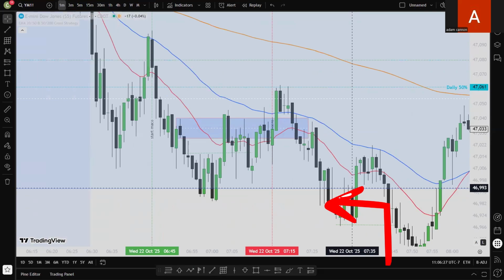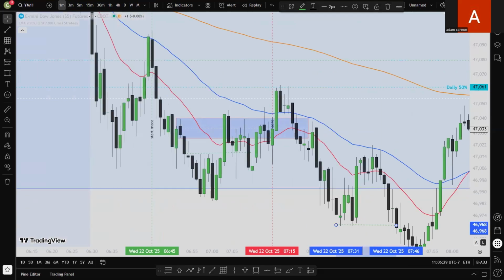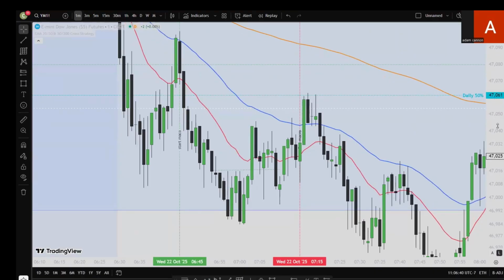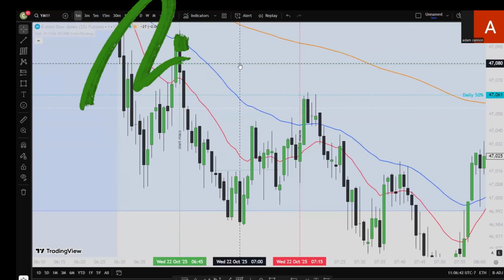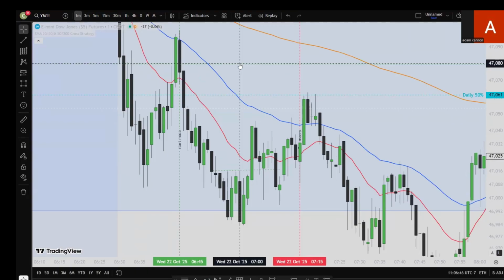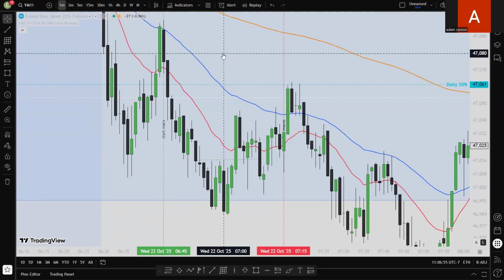Another thing besides your bias that I want to bring up, do you guys see the green line up here? That green line is liquidity. Okay, that was the London and Asia low. Now, they weren't external, but they were still London low, which holds significant value.